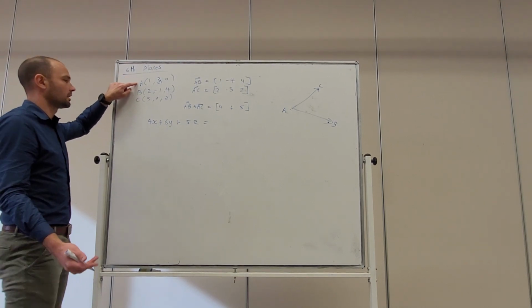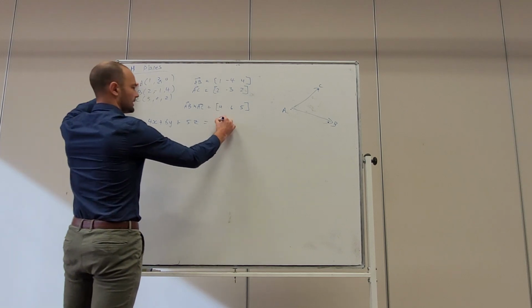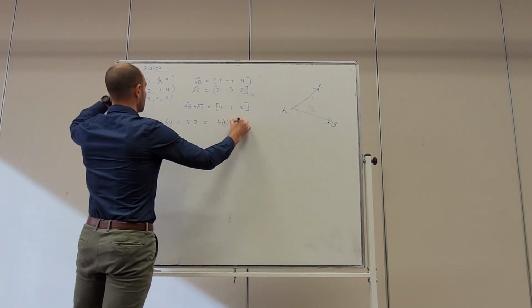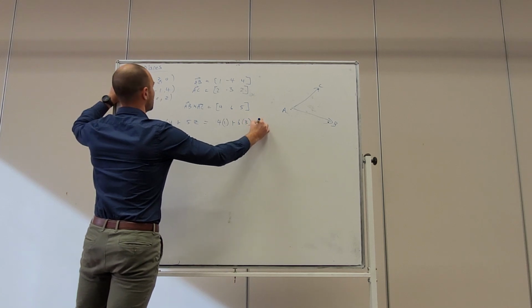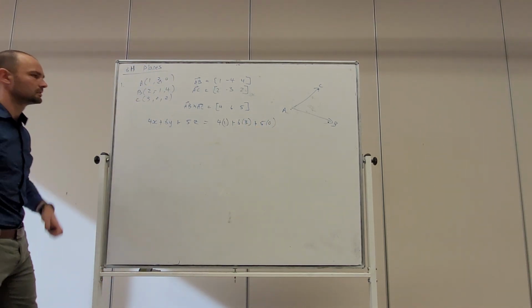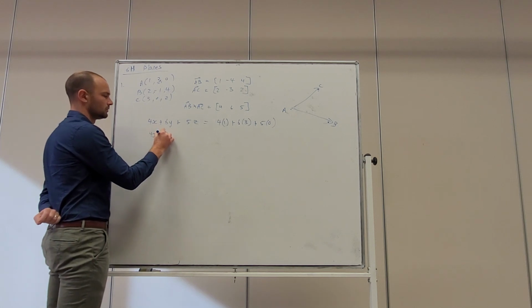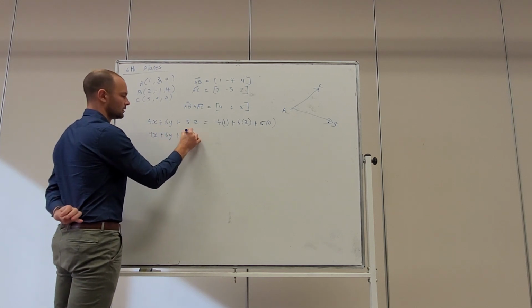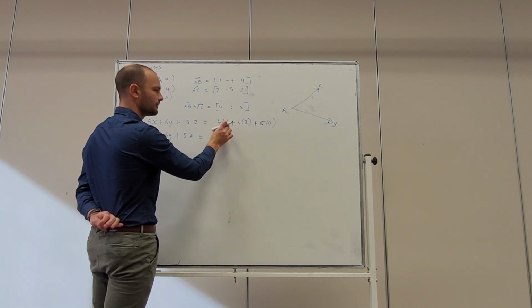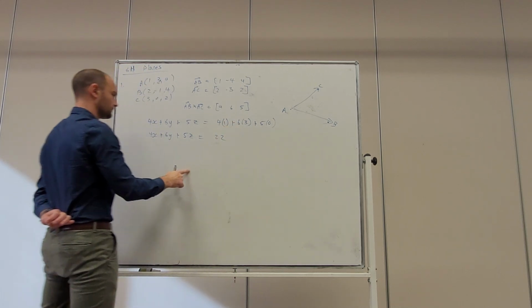So let's check. So let's put in A first. I have 4 lots of 1, plus 6 lots of 3, plus 5 lots of 0. Four and 18, 22.